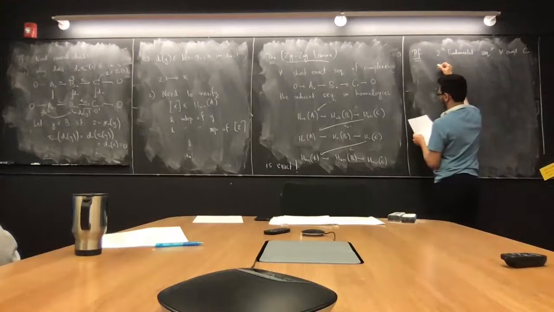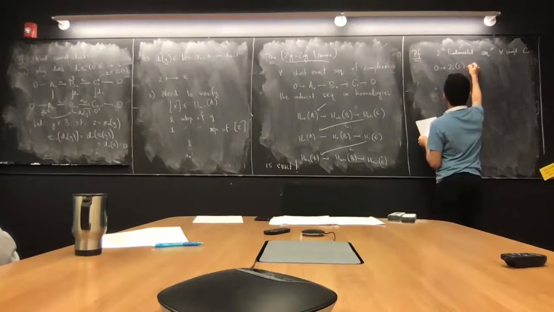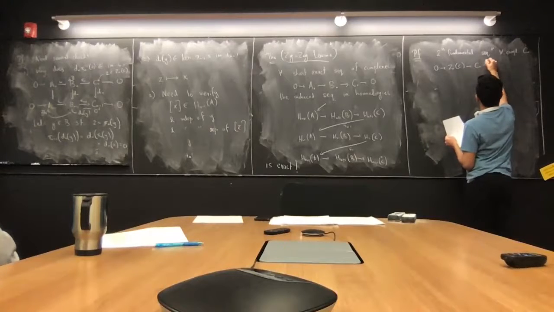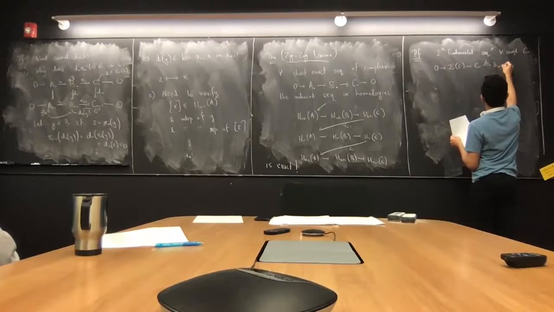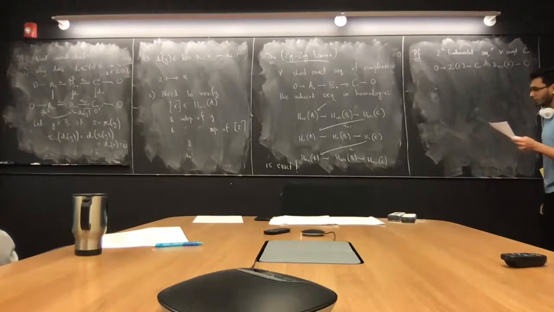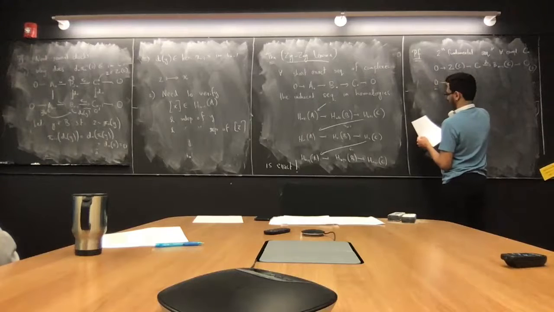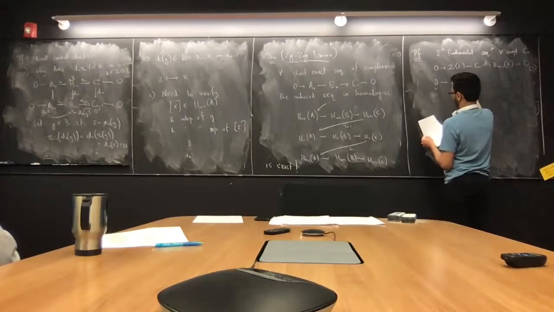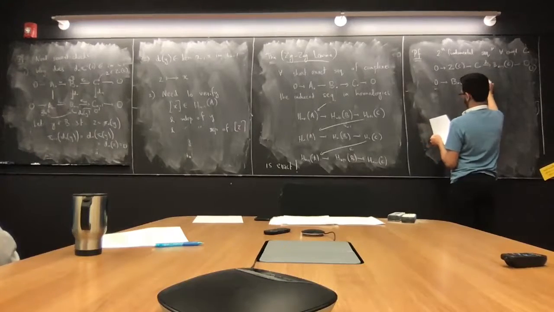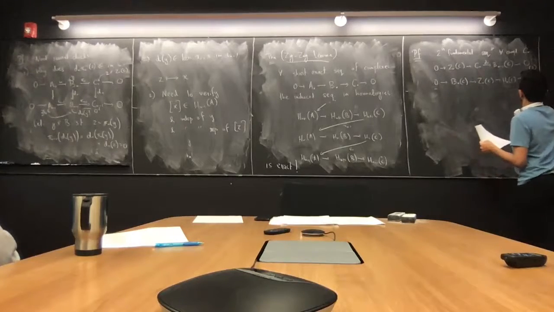The sequences are given by 0, Zn(C), Cn, Bn minus 1(C), 0. Let me call this 1. There's another one, 0, Bn(C), Zn(C), Hn(C), 0.